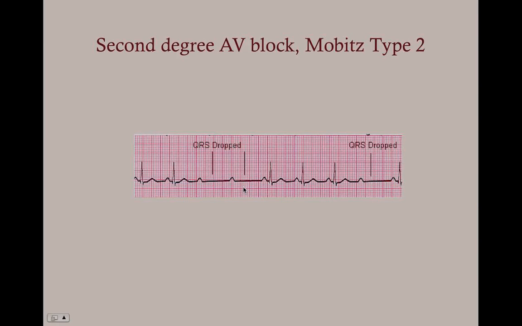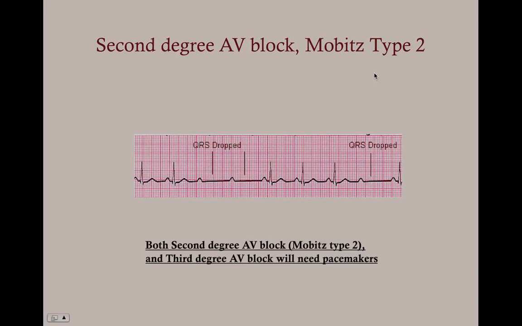Now, if it was Mobitz type 1, remember that's the Wenckebach AV block. What you would have there is a progressive PR elongation and then a QRS drop. But here you've got multiple dropped QRS complexes occurring regularly, and you don't have a progressive PR elongation. So that makes it Mobitz type 2.